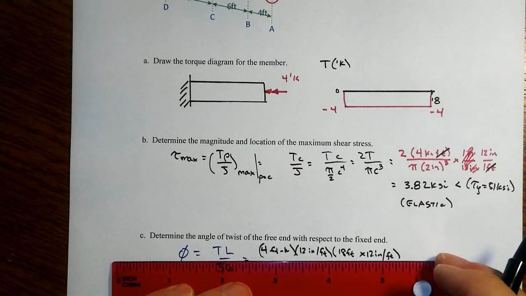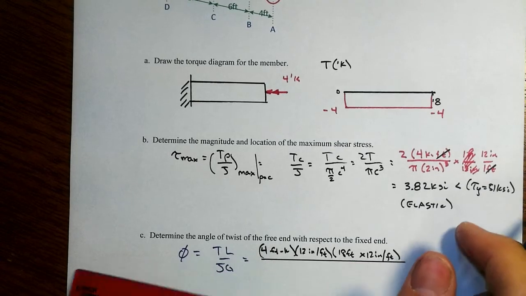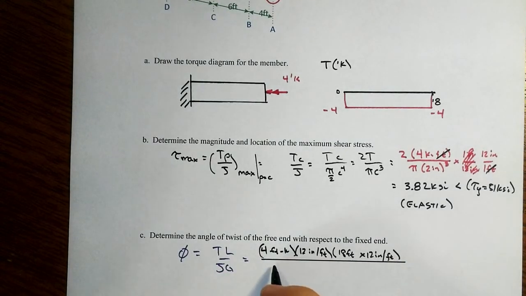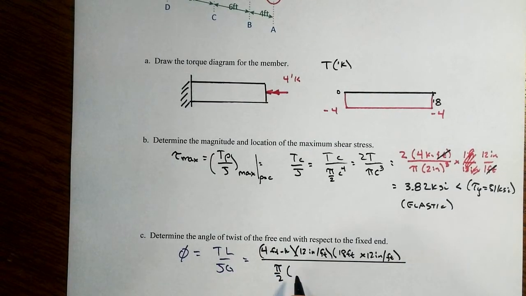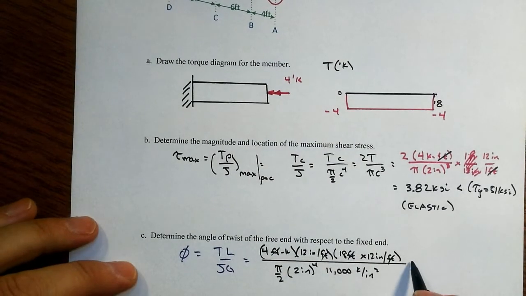So now in the numerator we have kip inches squared, over our J, which is pi over 2 inches to the 4th, times G, which is 11,000 kips per square inch. So we have kip inch squared in the numerator, and kip inch squared in the denominator, so that's going to be unitless.